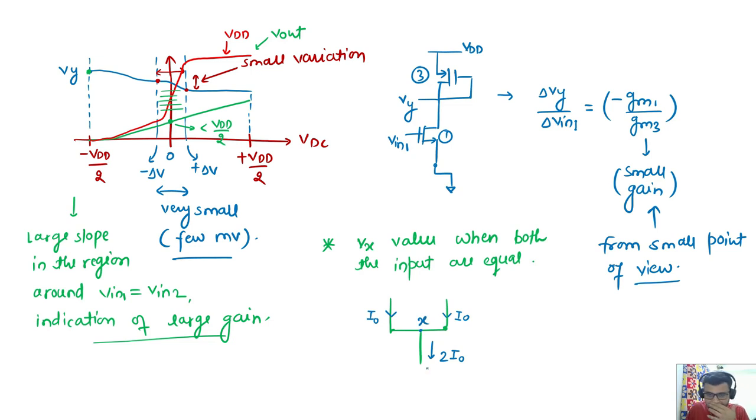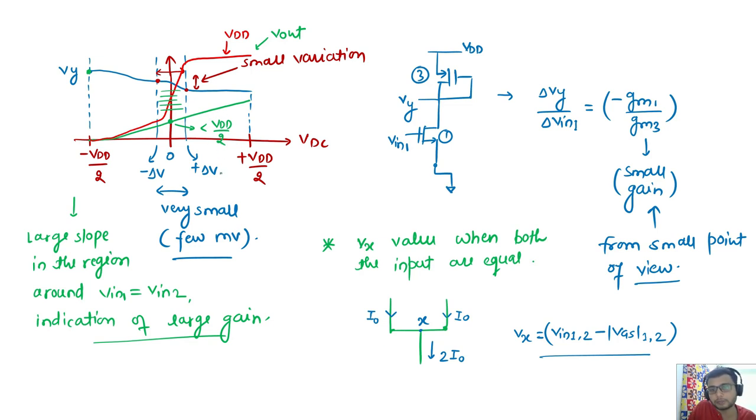What is actually happening? When both the inputs are at common mode, the currents are equal. Then what is Vx? Vx is nothing but Vin 1 comma 2, any of them, minus Vgs of 1 comma 2. So actually my Vx is less than VDD divided by 2.